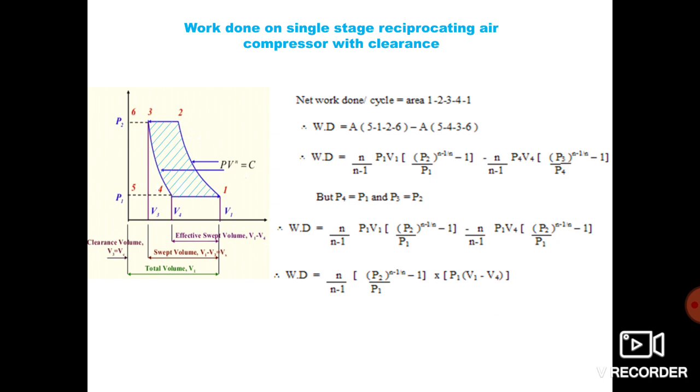Now V1 minus V4 is nothing but the actual volume. So putting the values of actual volume, we can get work done is equal to n upon n minus 1 P1 VA P2 by P1 to the power n minus 1 upon n minus 1.